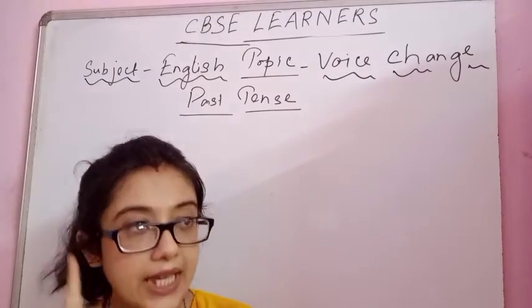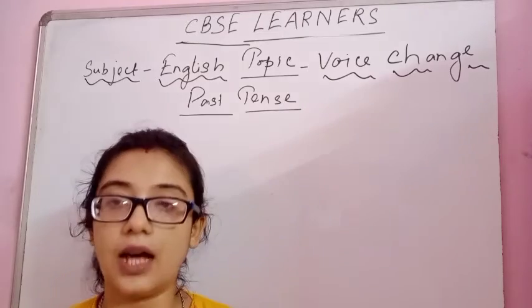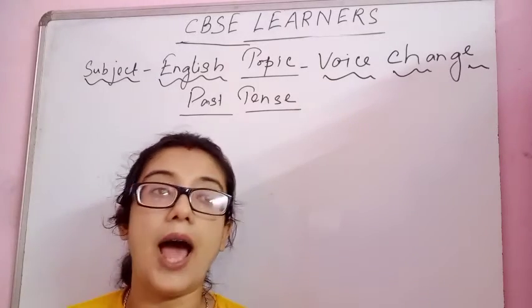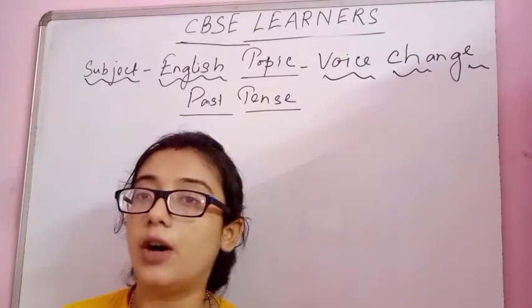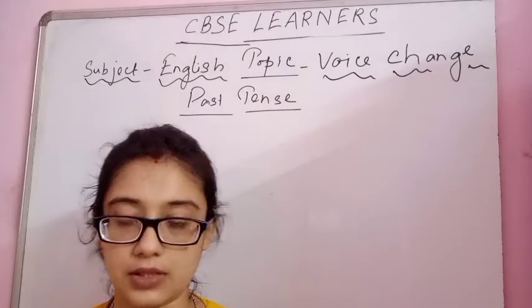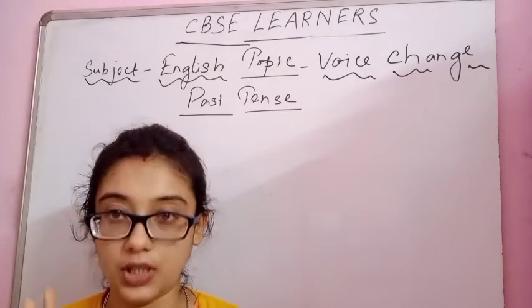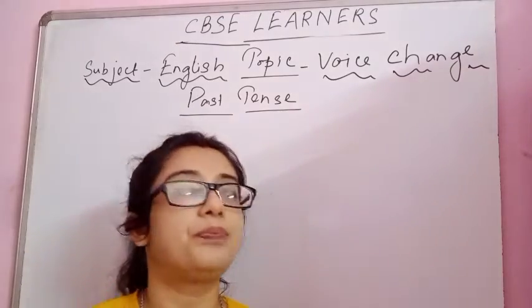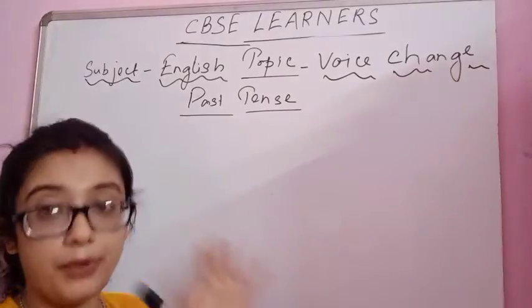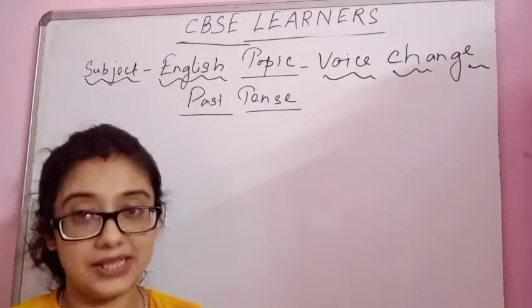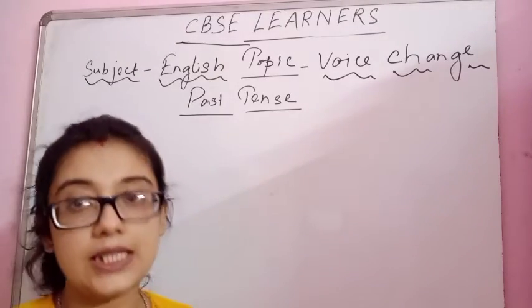If you have not checked, you can go and check out our channel. You will get all the videos on tenses and verb forms. So if we want to change voice, one thing we need is tense and the other thing is finite verb. Finite verbs are of two types, transitive and intransitive, isn't it? In case of transitive verbs, we can change the voice. In a similar way to my previous video, with present continuous and present perfect, I will give you the past tense.